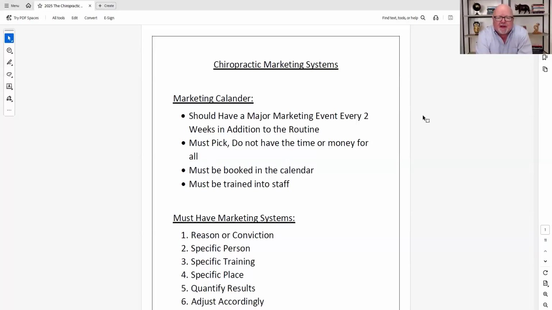Okay, now remember, you should have 2 major marketing events every 2 weeks, in addition to whatever's routine. We'll go through the routine stuff, but remember, it's better to do periodic marketing than a major event and then not do anything. Because remember, you can't process that many new patients effectively anyway. Sometimes doctors are proud and go, oh, I did this marketing event and I got 20 new patients.